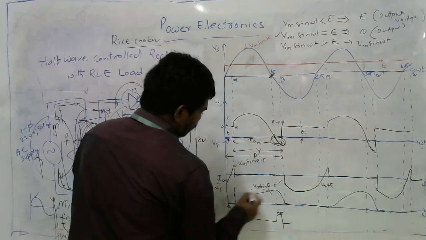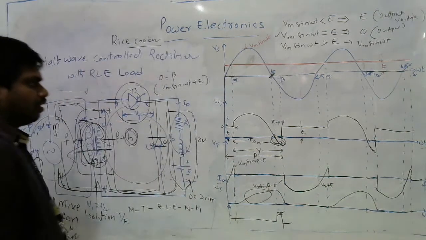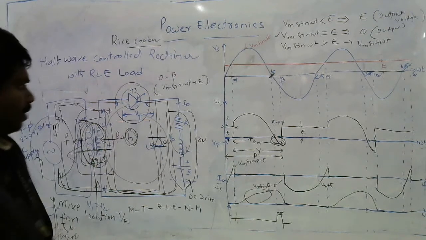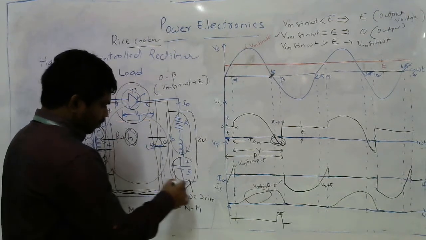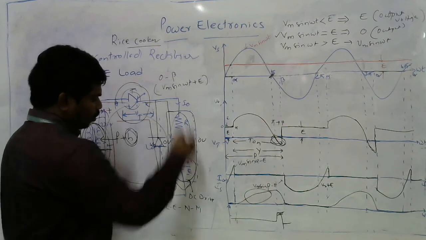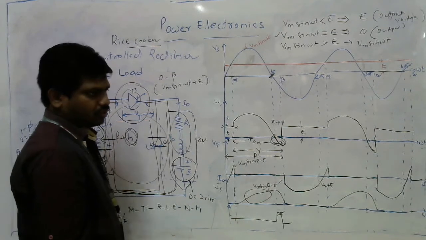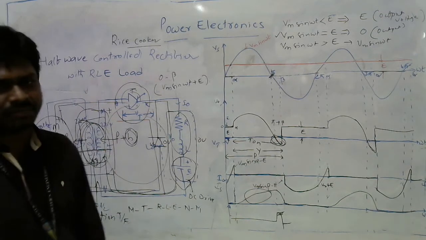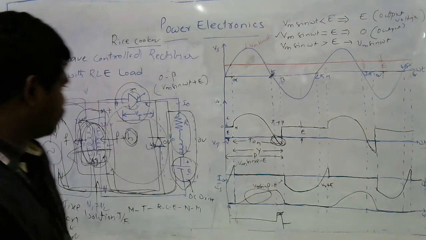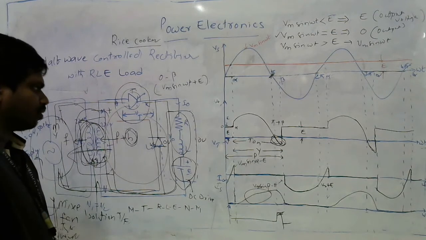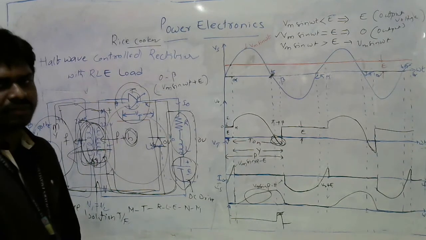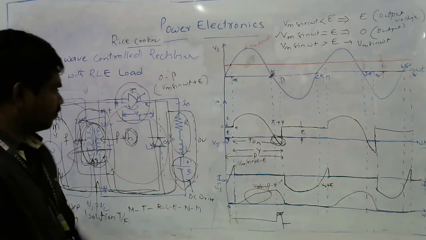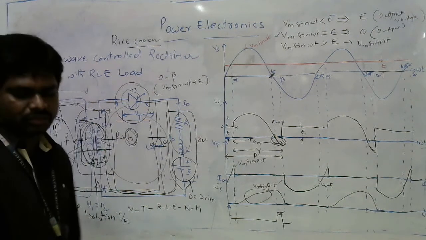Okay, the remaining part we have already seen with the RL load with freewheeling diode. The same thing happens. This is nothing but back EMF when you use the load in terms of motors or drives. This type of system is used in industrial drives, but it is single phase. When you go for a three-phase system, where a half-wave controller is required, we will use this type of system.